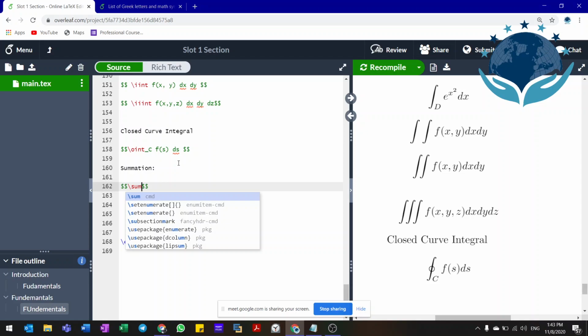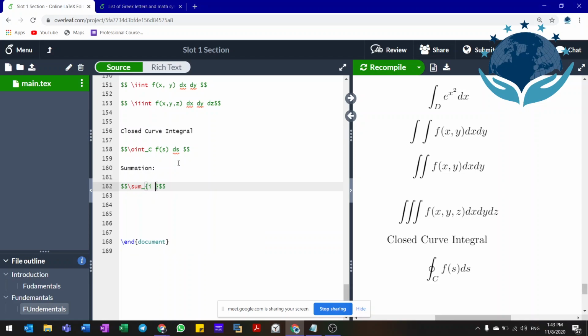For the sum over i equals 1 to n, this is the part for the sigma over i equals 1 to n. The lower limit is i equals 1, specified by the underscore symbol. The upper limit is the caret symbol followed by n. Whatever the upper limit you decide goes there. So sum from 1, I know that it is going to be n.